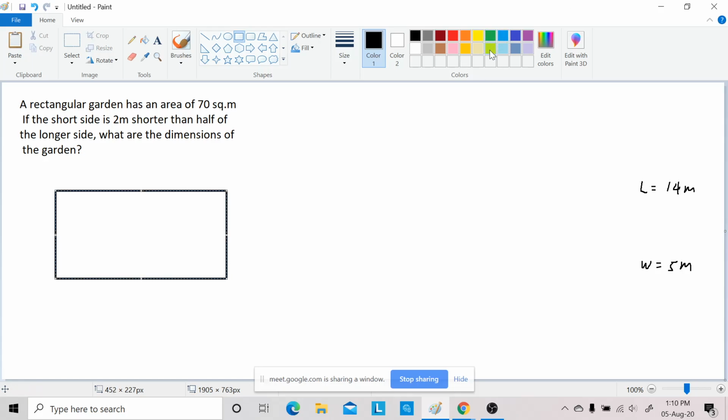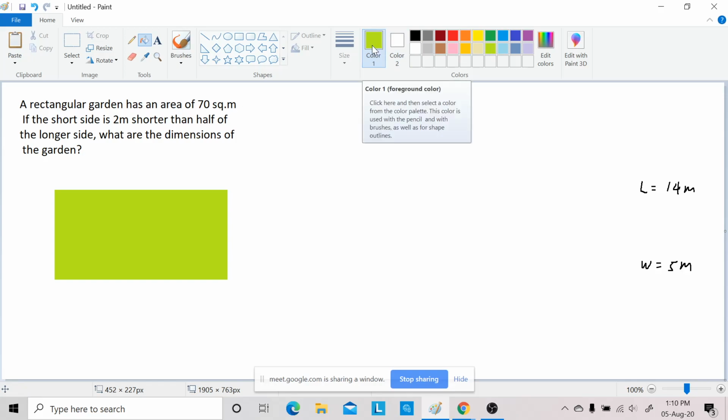Let's slab in some color into it. Okay, fill solid color. Okay, there's my garden. Now, what are the information that we have here? We have the area.